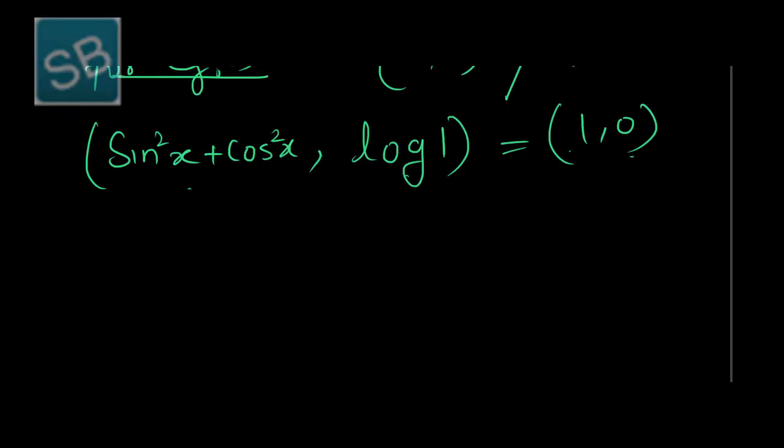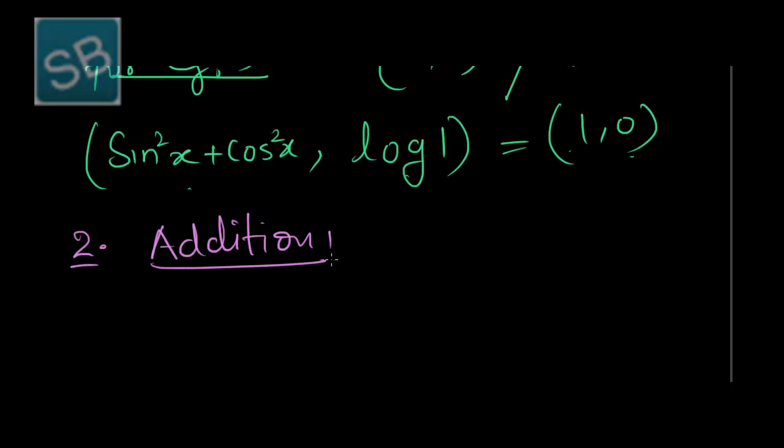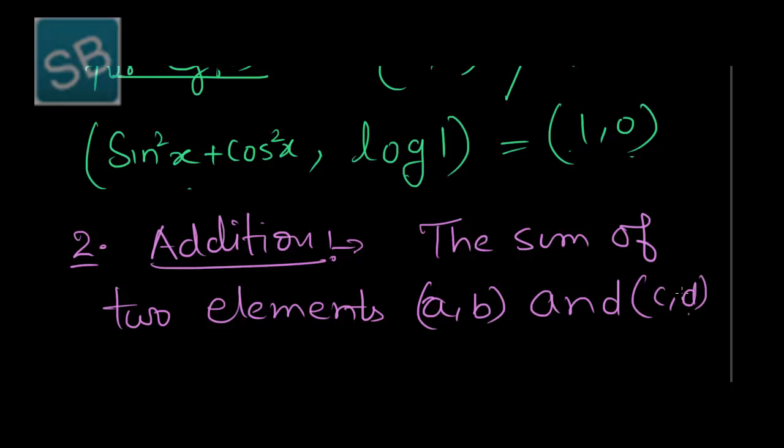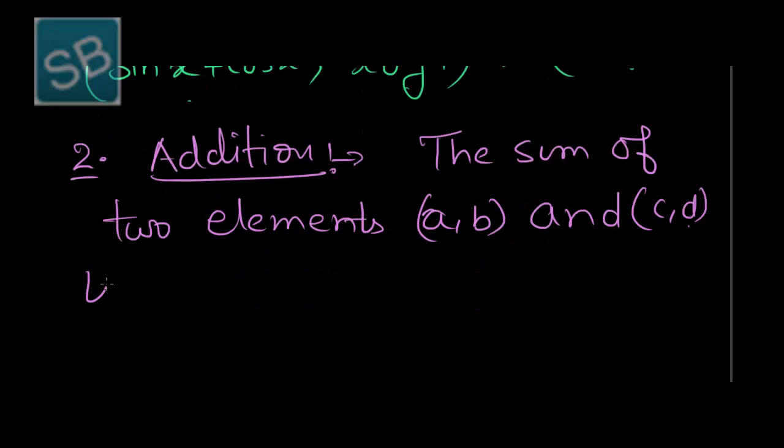Now the second property is addition. Here we will learn how we can add two ordered pairs. The sum of two elements, that is ordered pair (A, B) and ordered pair (C, D), is defined as follows.